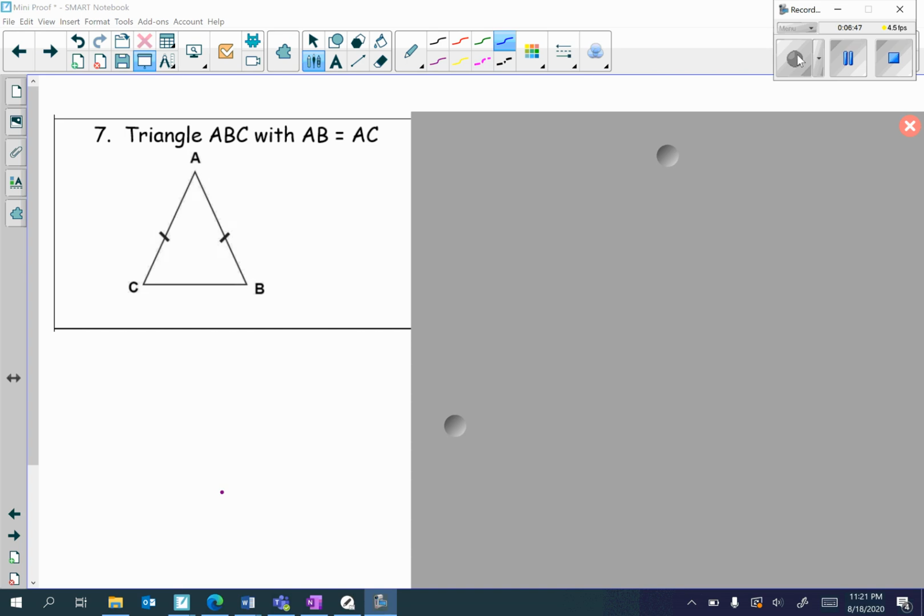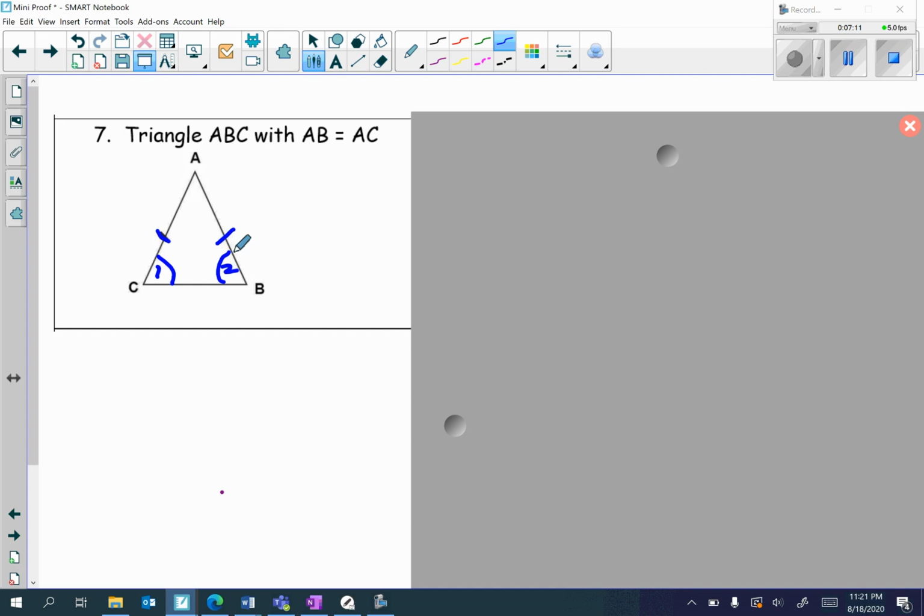Lastly, number 7, triangle ABC with AB congruent to AC. So if I see that AB is congruent to AC, I have two sides that are congruent. Therefore, the angles opposite of them are also congruent. And I'm going to write 1 and 2 in there to show that angle 1 is congruent to angle 2.